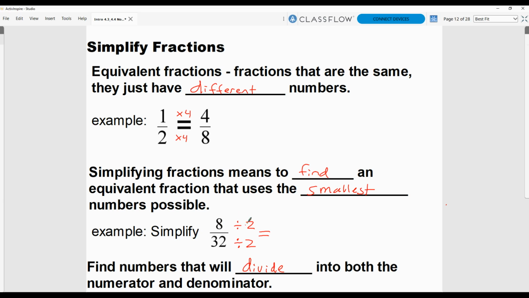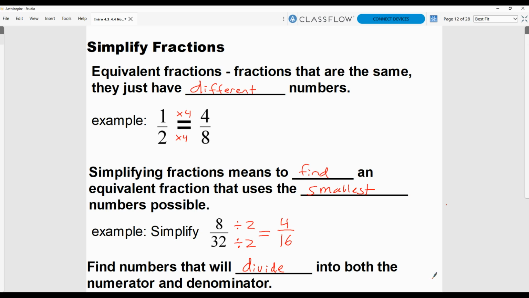Since division is the opposite of multiplying, we're just going to be dividing to see what we get. Okay, so if I divide 8 by 2, I'm going to end up with 4. And if I divide 32 by 2, I'm going to end up with 16. Okay, so what I have here is I have 4/16. I have a fraction that is equivalent to 8/32. It's just using different numbers.